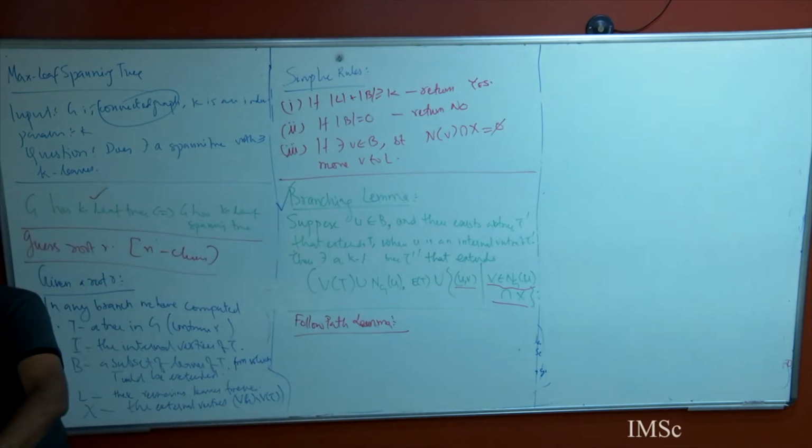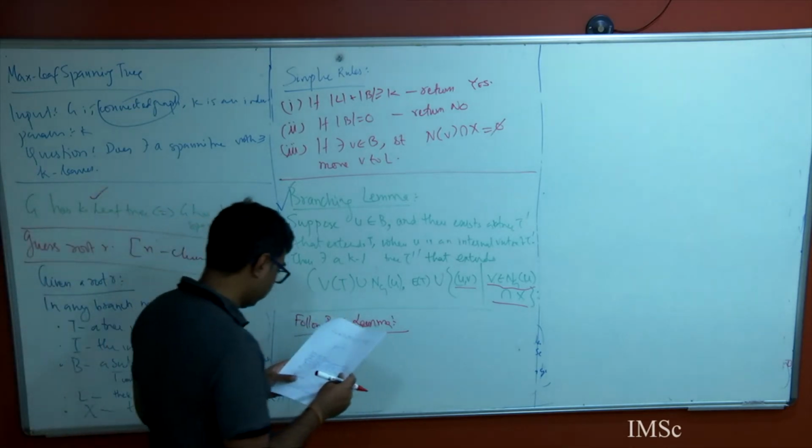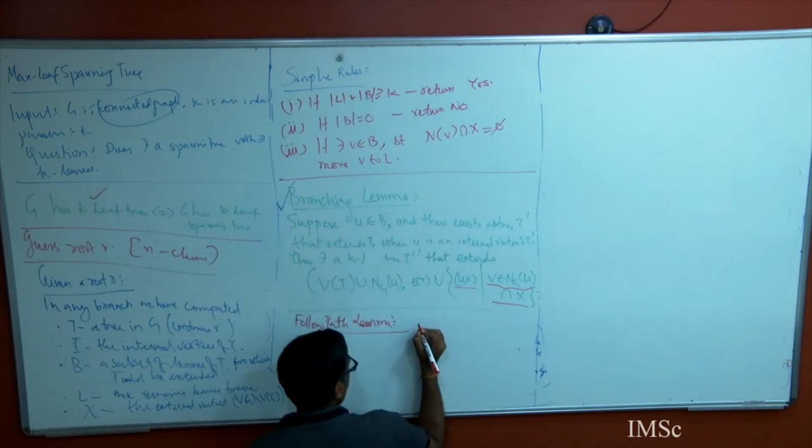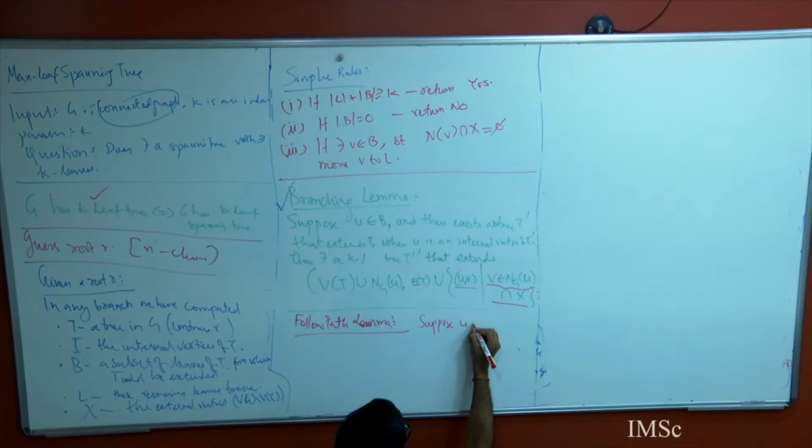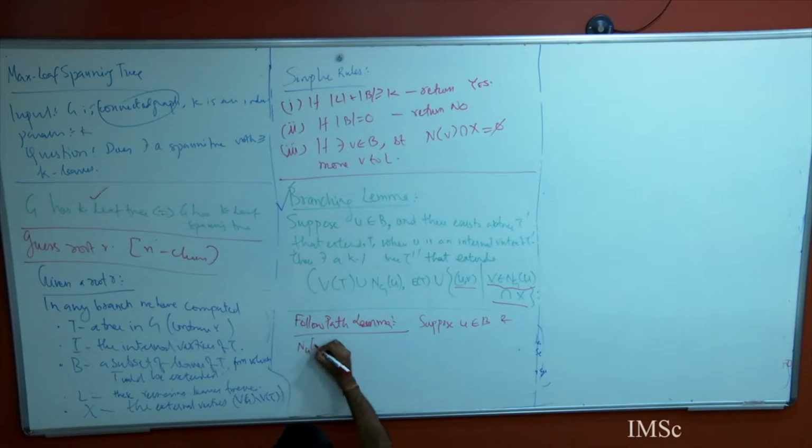So what is the formal statement? Suppose again U is in B, and what is the case? The neighborhood of U intersection X has size 1.